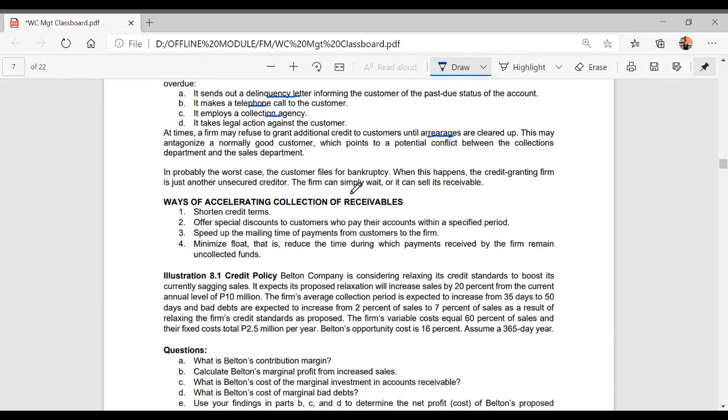So this will encourage our customers to pay on time because they benefit if they pay on a timely basis. And speed up the mailing time of payments from customers to the firm and minimize the float, and that is to reduce the time during which payments received by the firm remain uncollected funds.